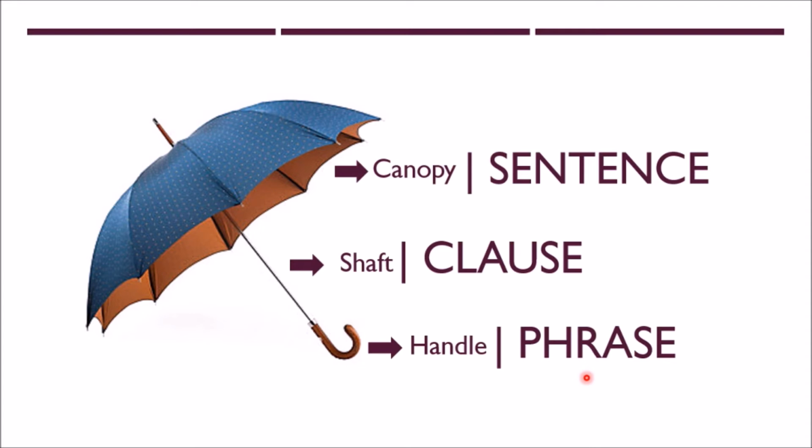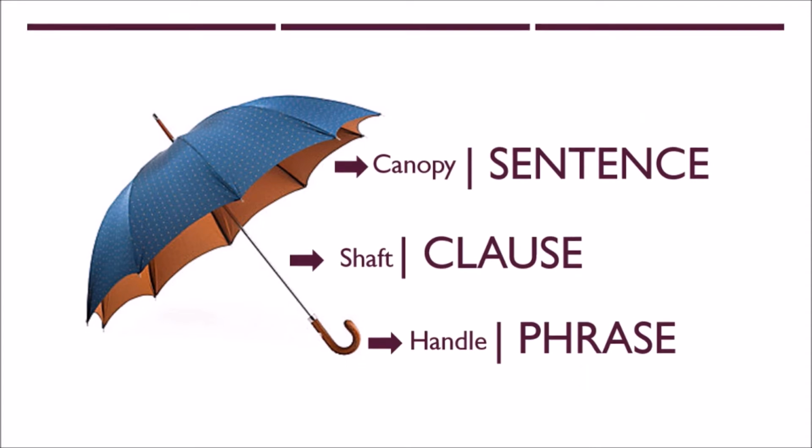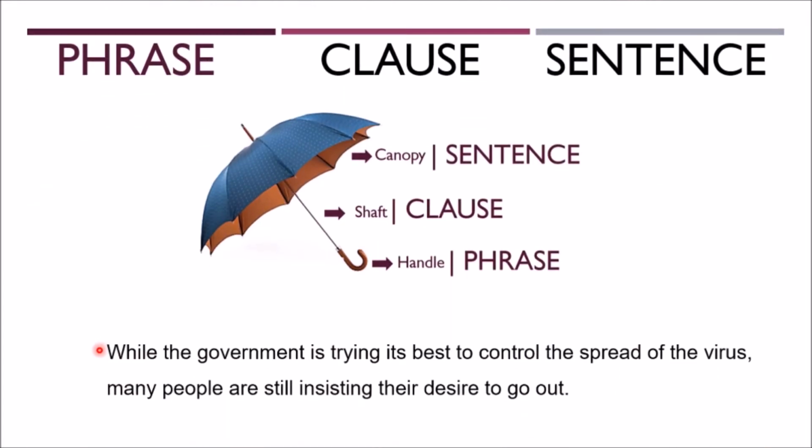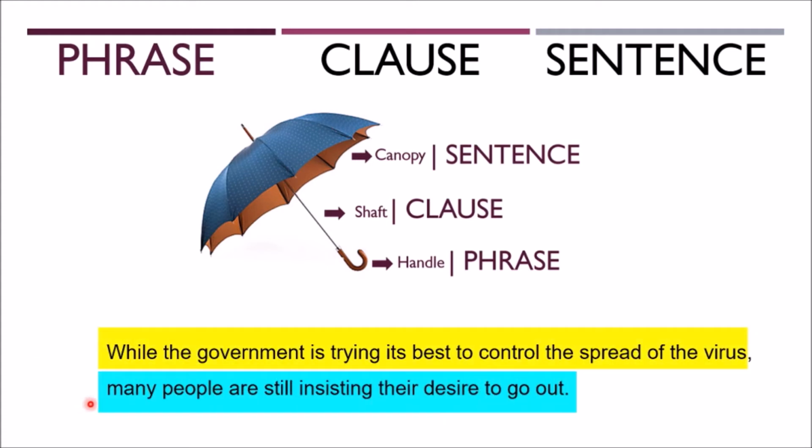Now, for you to better understand what I'm saying, let's read our sample sentence here. While the government is trying its best to control the spread of the virus, many people are still insisting their desire to go out. In this case, we actually have one dependent clause and one independent clause.